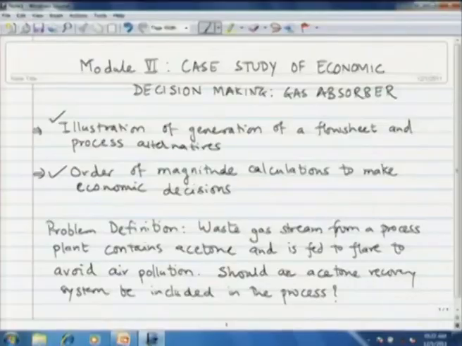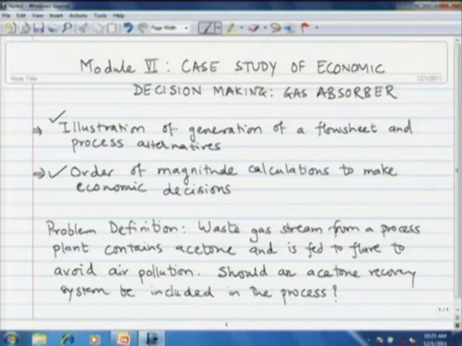Let us first define the problem for design of gas absorber. Let us say that we have a gas stream from a process plant which contains acetone as organic vapor, and it is fed to flare so as to convert all the acetone into carbon dioxide and water to avoid air pollution.